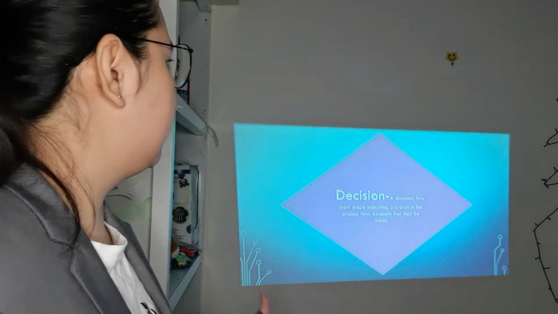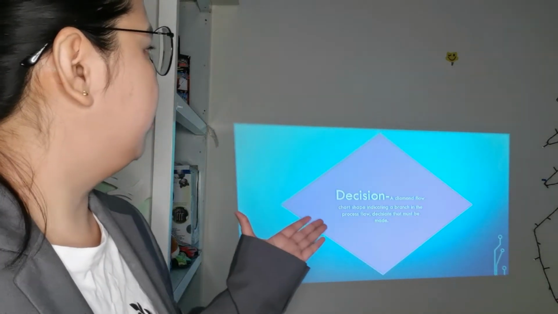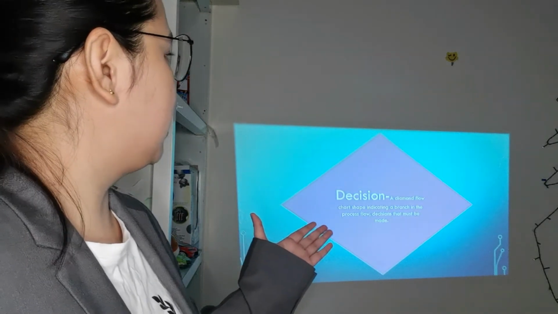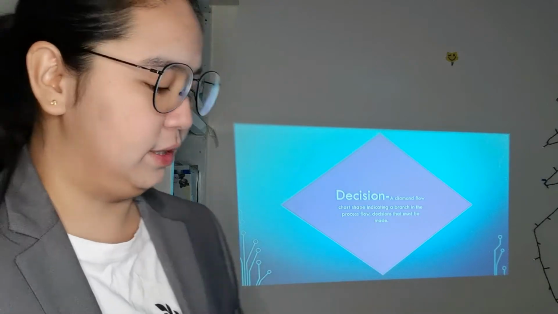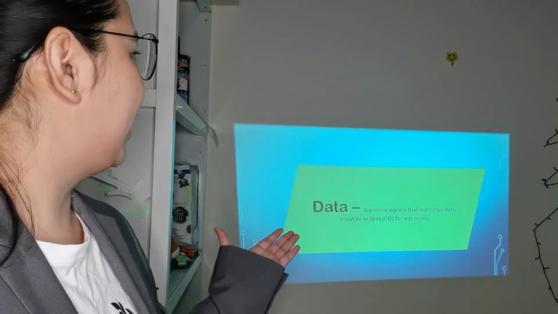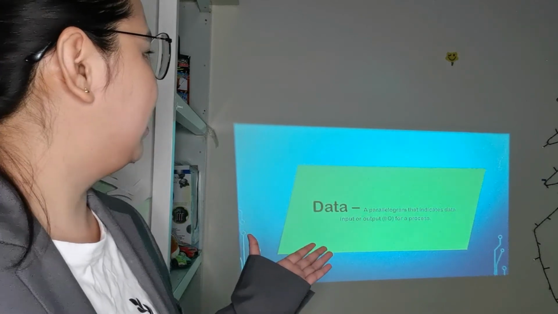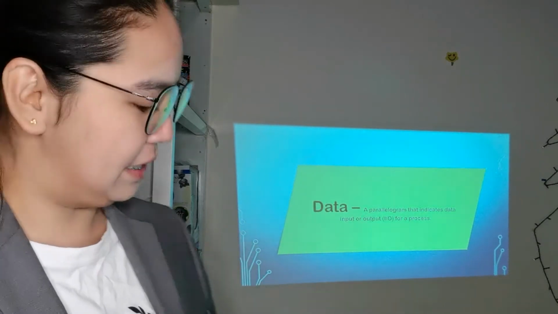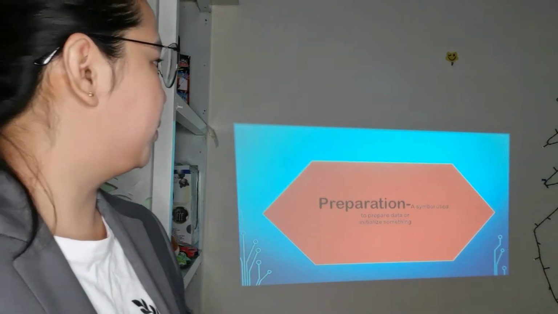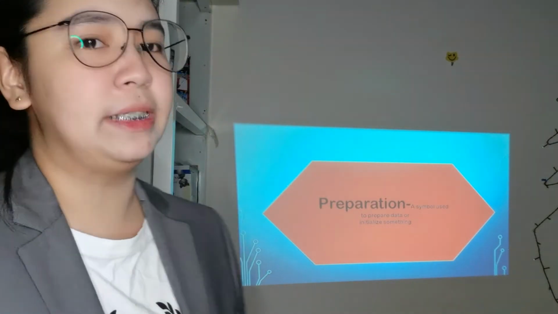Next is decision, a diamond flowchart shape indicating a branch in the process flow, a decision that must be made. Data is a parallelogram that indicates data input or output for a process. Preparation is a symbol used to prepare data or analyze something.